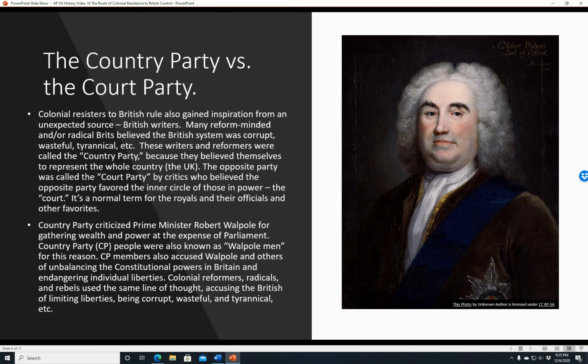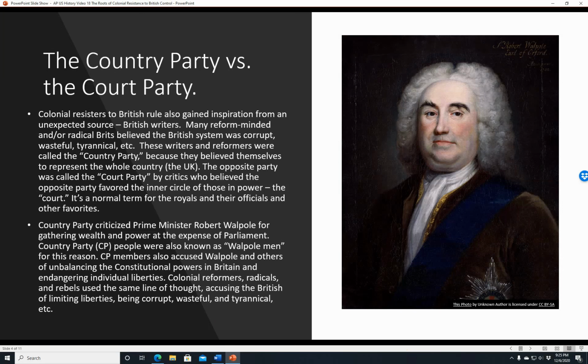The Country Party criticized Prime Minister Robert Walpole, and here's a picture of Prime Minister Walpole here, for gathering wealth and power for himself at the expense of Parliament. Country Party people were also known as Walpole men for that reason. CP members, that is Country Party members, also accused Walpole and others of unbalancing the constitutional powers in Britain and endangering individual liberties.